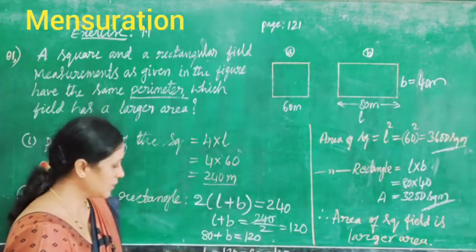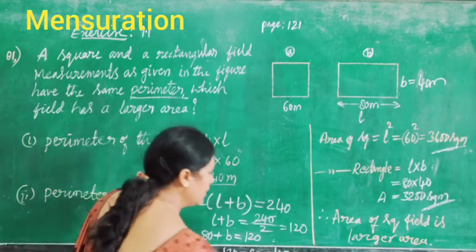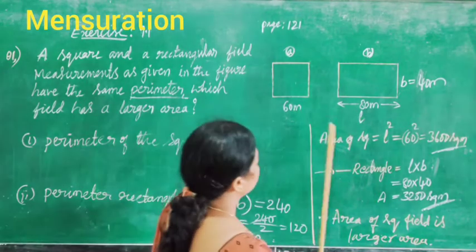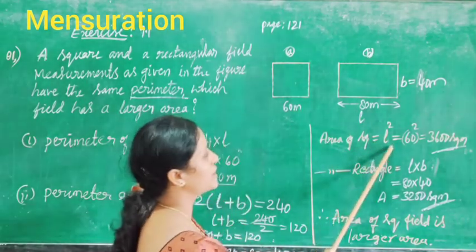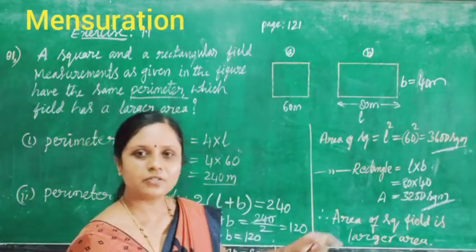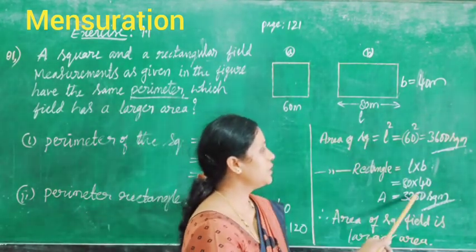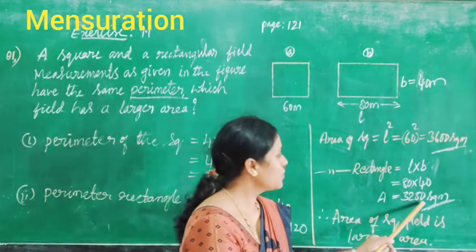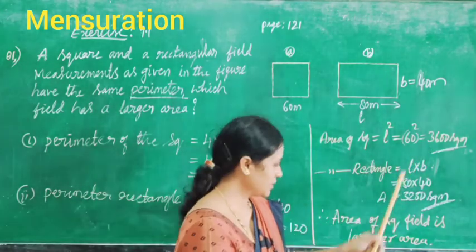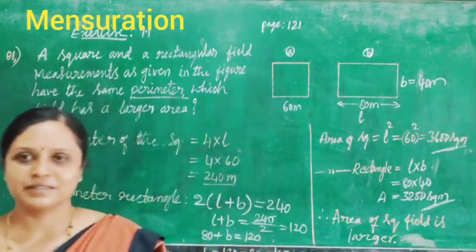So we find the breadth of the rectangle, that is 40 meters. By using this measurement, first we find the area of the square, that is L square, length is 60, so 60 square is 3600 square meter. Similarly the area of the rectangle, that is L into B, is 3200. Among these two, which one is the larger area? Therefore the area of the square figure is larger. So this is our answer.